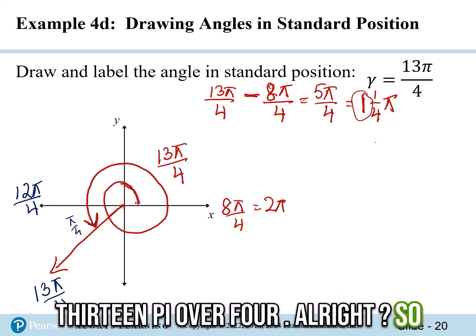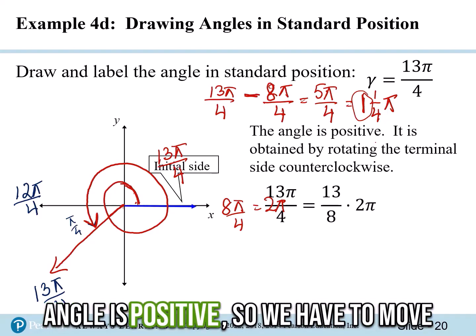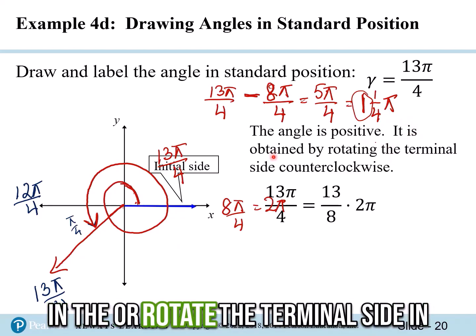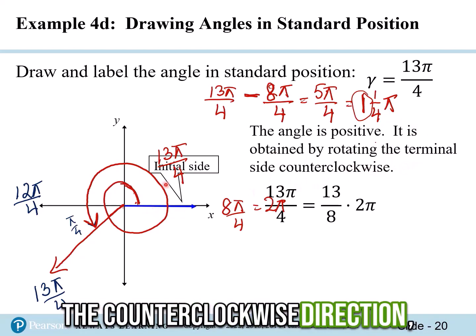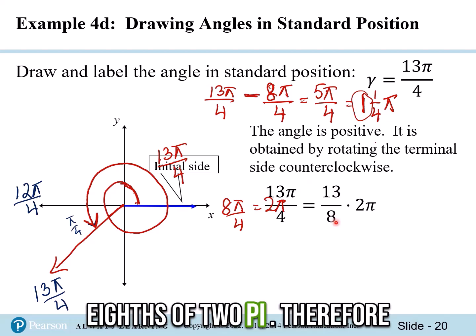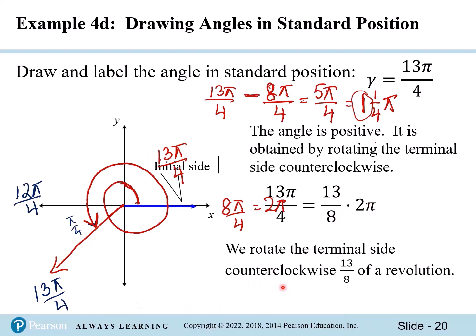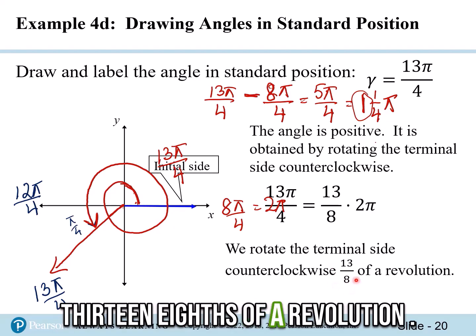All right, so let's see what they have come up with in the solutions. It says the angle is positive. We have to rotate the terminal side in the counterclockwise direction, which we have done. And then 13 pi over 4 is 13/8 of 2 pi. Therefore, we rotate the terminal side counterclockwise 13/8 of a revolution.